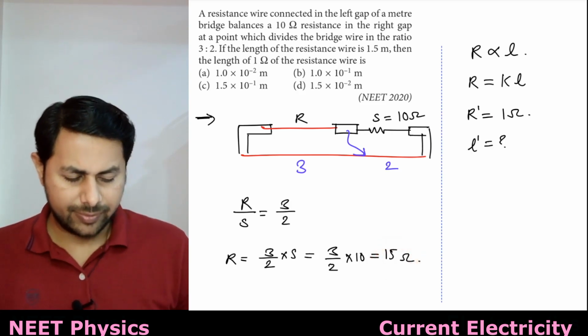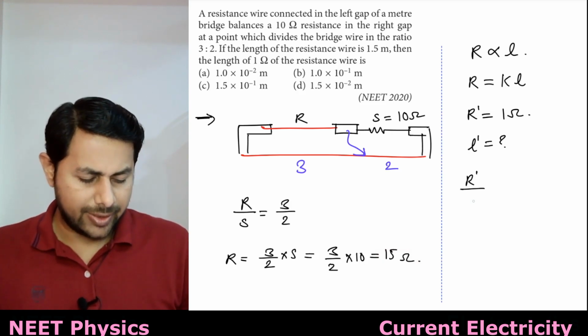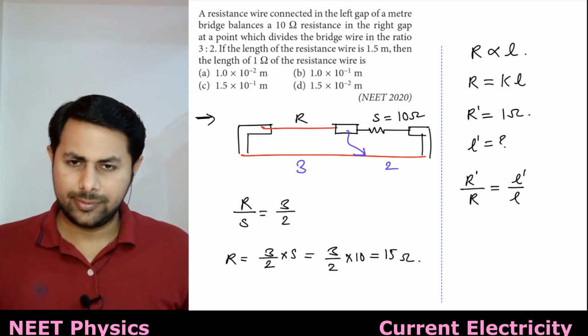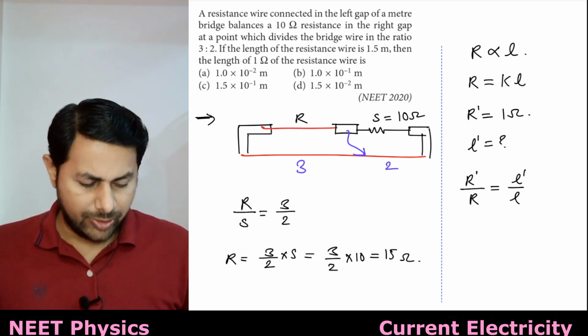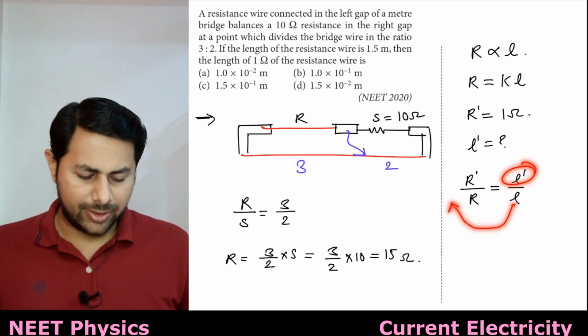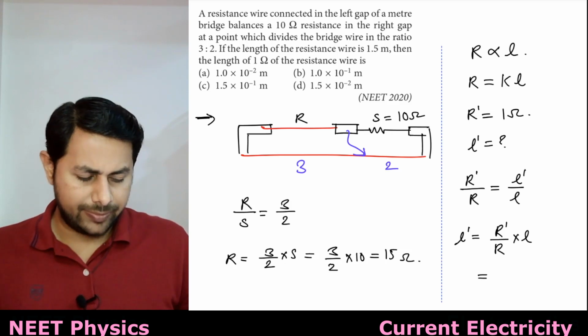This is the question. You can just say R dash by R is equal to L dash by L, right? And what would be L dash then? Just move L to this side, so you get L dash equal to R dash by R times L.